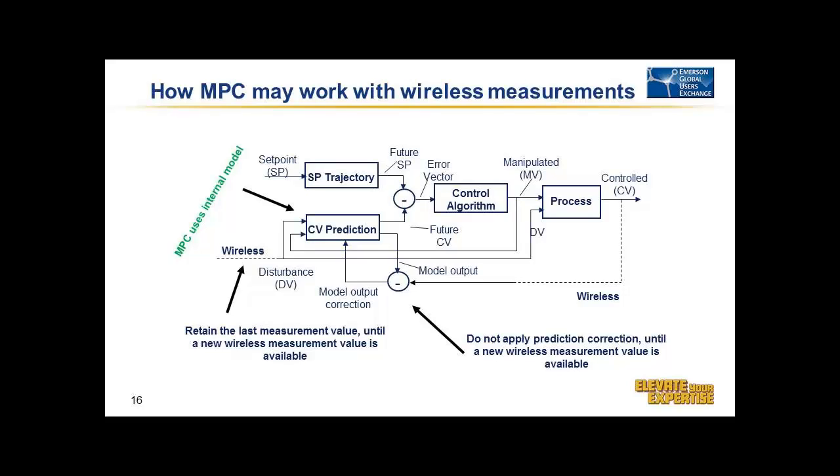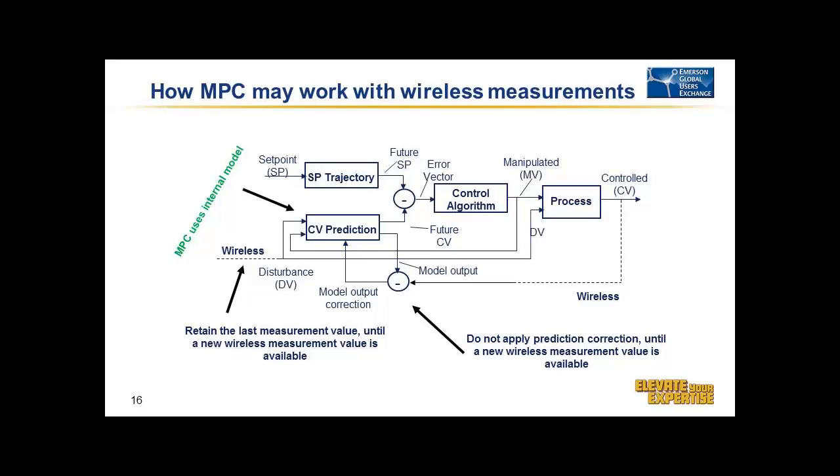So first, what we stated already, the MPC in operation uses an internal model, which we have. What we need to do is, in case we don't have an updated measurement, we don't apply prediction correction, because the measurement we got from wireless may stay a long time as a constant value.